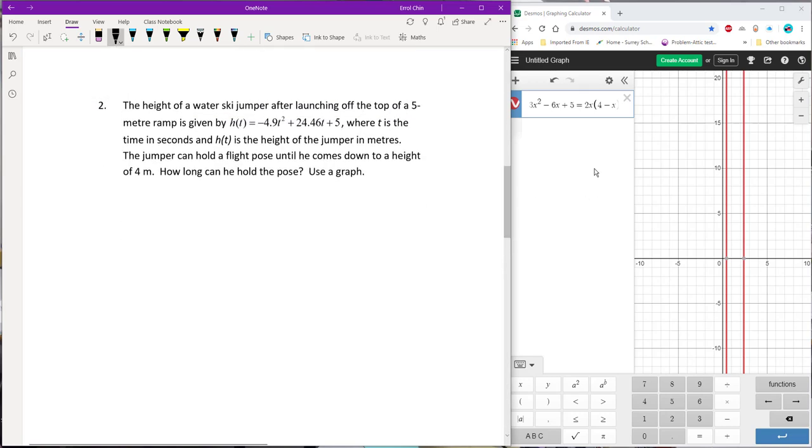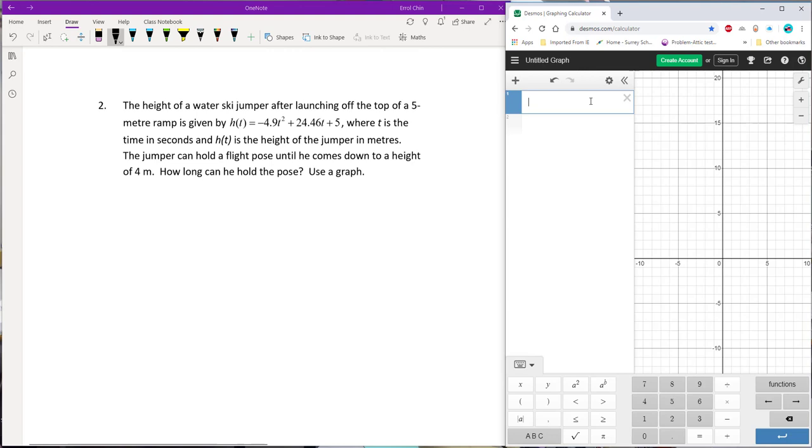Well, again, all we have to do is use our Desmos feature. Let me just get rid of that graph. Instead of h of t, we'll just use y equals negative 4.9. I'm not going to use the letter t, it's going to be x. So the letter x represents time in this case. x squared plus 24.46 x plus 5.